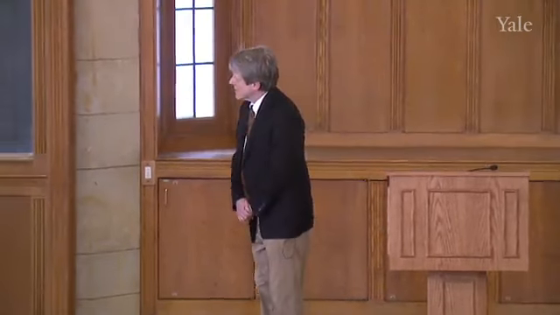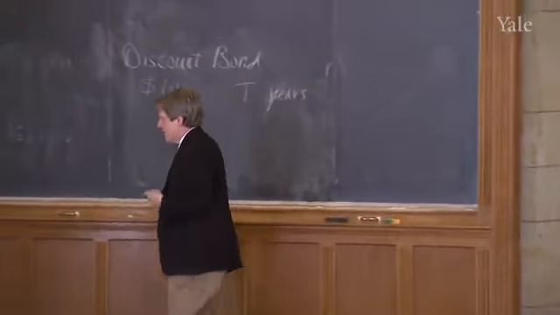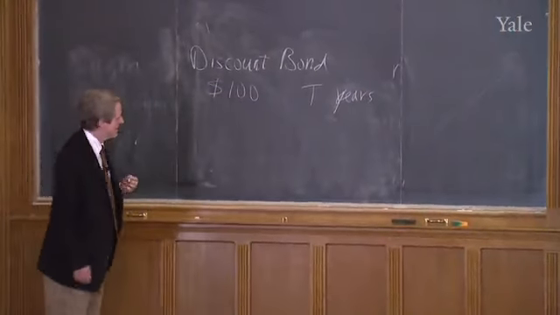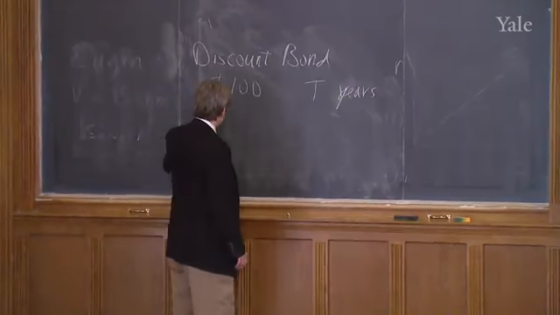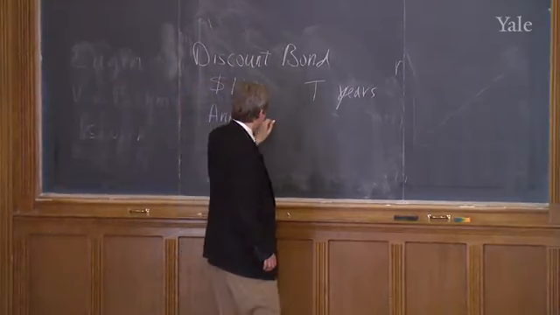So what is a discount bond worth today? And now we have an issue of compounding, which I want to come to in a minute, but let's assume, first of all, that we're using annual compounding, and T is in years.